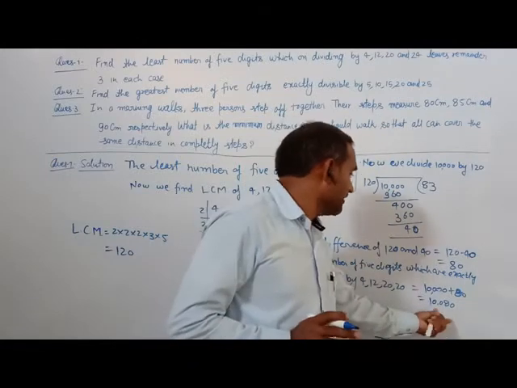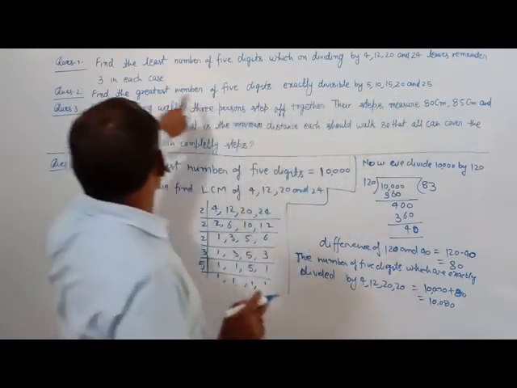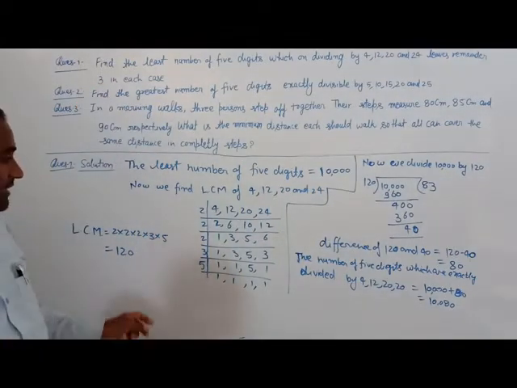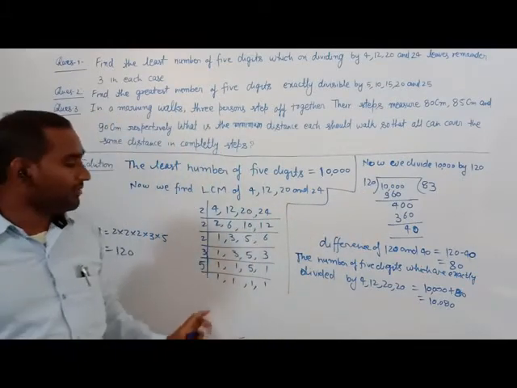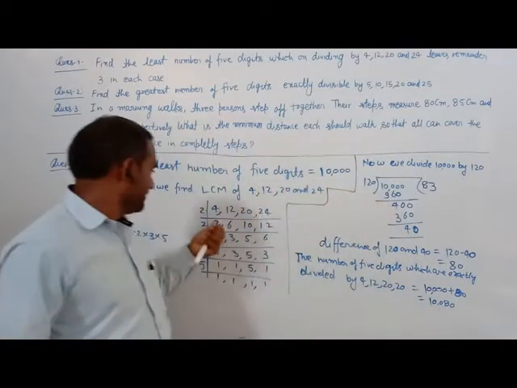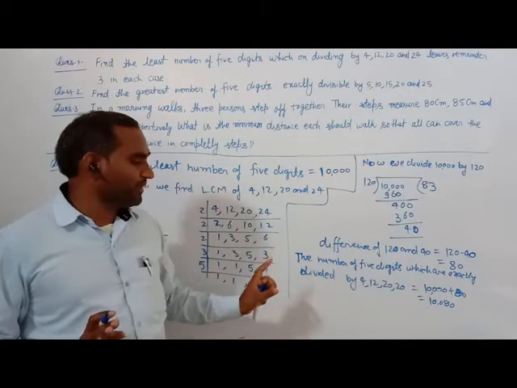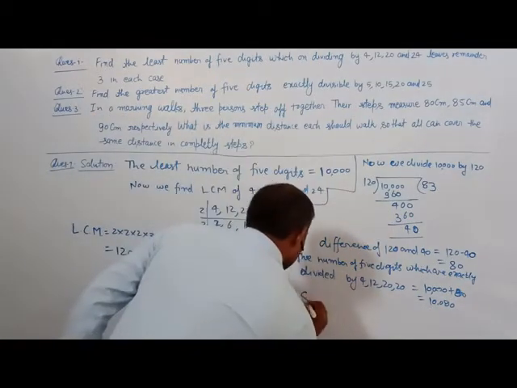Now it is divisible, but according to the question the remainder should be 3 in each case. It is exactly divisible by 4, 12, 20, 24, so the required number should be 3 more.